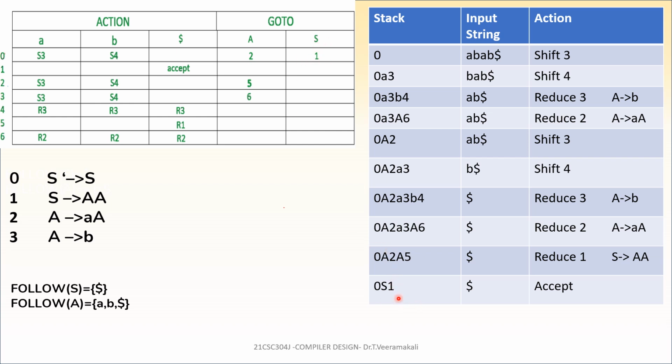The last element here is 1, and the 1 is compared with the dollar. 1 and dollar is accept. So the given string can be accepted. This given string can be generated using this production rule. So this is the way you have to process the production rule and check the input string using SLR parsing. Thank you.